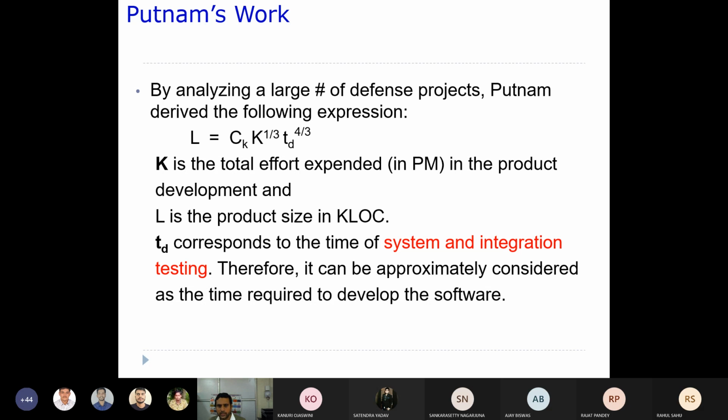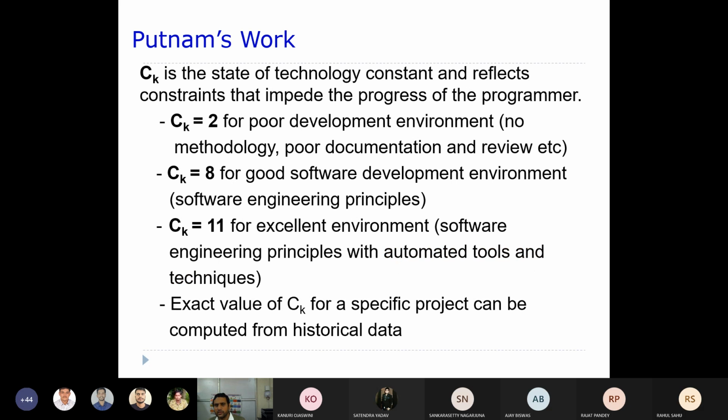So you understand K is the effort and Td is the actual time taken for system and integration testing, then you can get the product size. Now Ck usually refers to the state of the technology, I mean what sort of technology we are going to use.